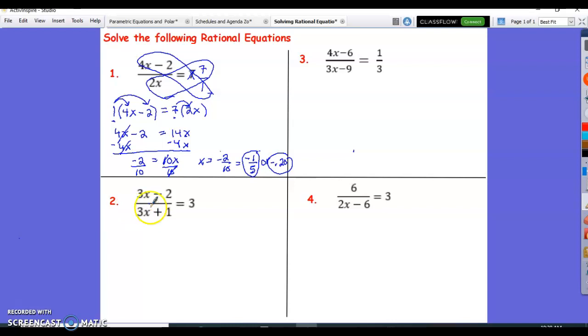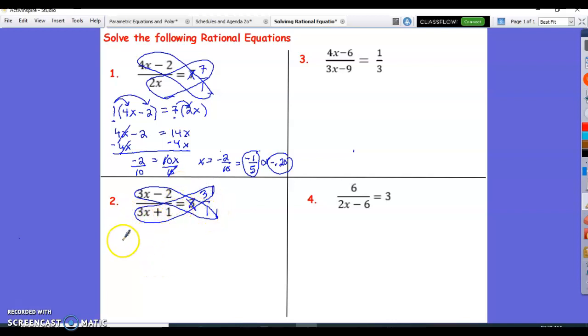All right, number 2, we have 3x minus 2 over 3x plus 1 equals 3. So this is very similar to number 1. Since this is a whole number 3, we can rewrite this as 3 over 1, so that we can start cross multiplying, knowing that the denominator of 3 is equal to 1.